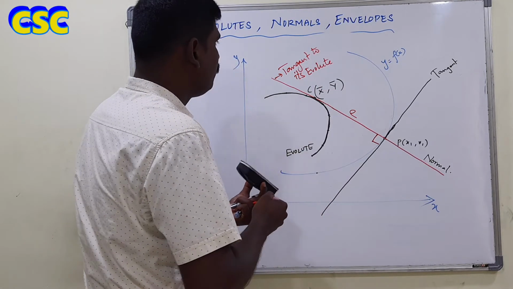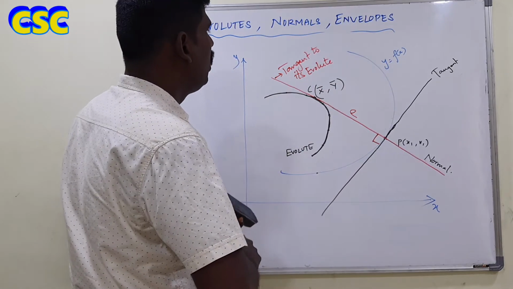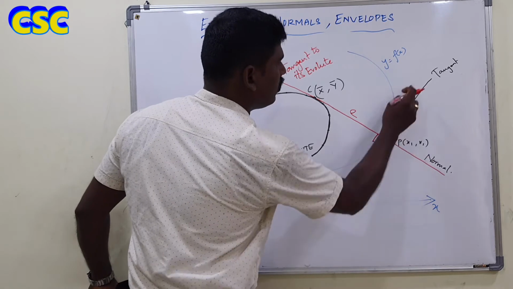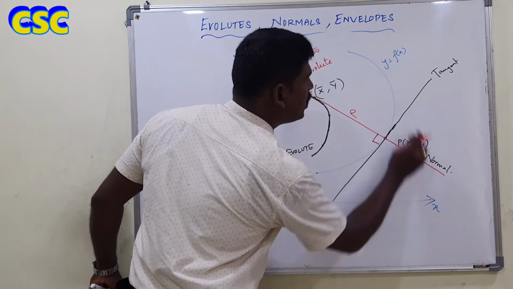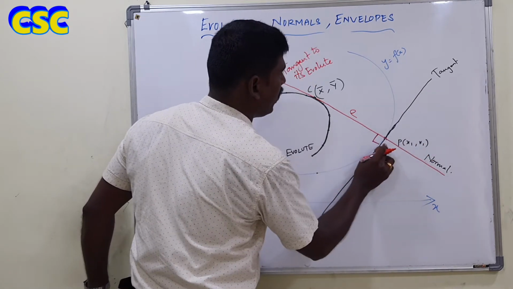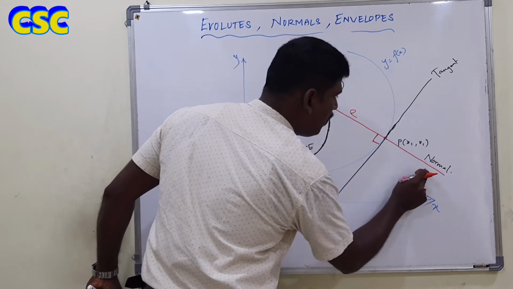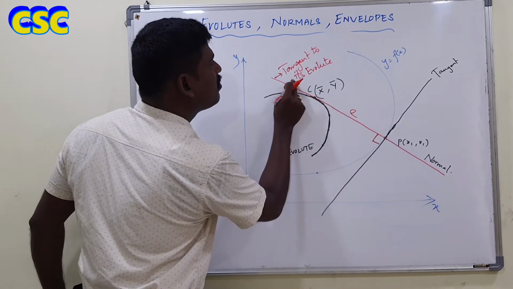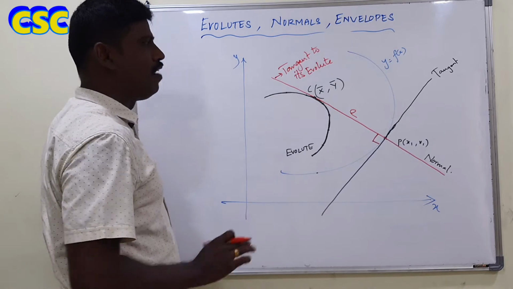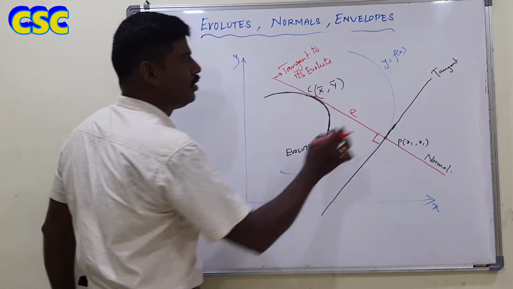So this normal, that means what? This straight line is perpendicular to the given curve at the point, but the same straight line becomes a tangent to its evolute. That's all. Very important.